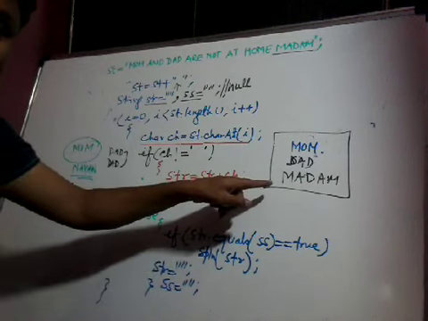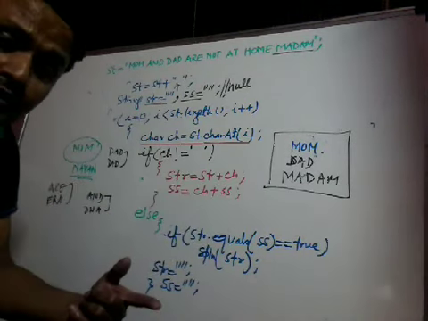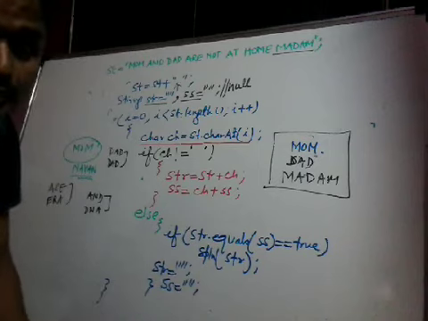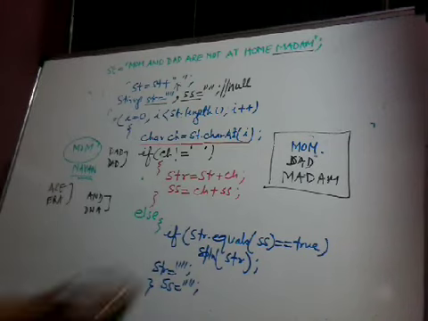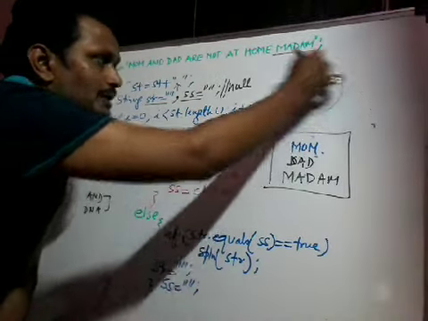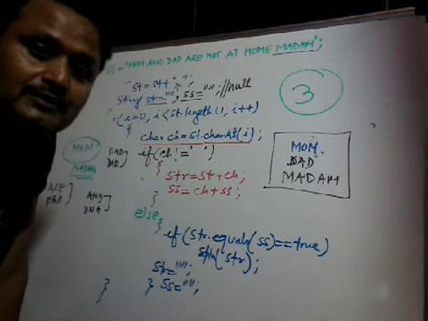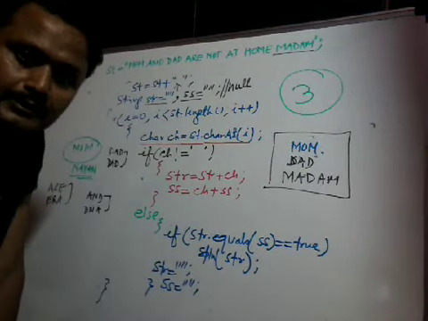Here I displayed the palindrome words and you have to display the total number of palindrome words. So your answer will come: total number of palindrome words are 3 in this example.